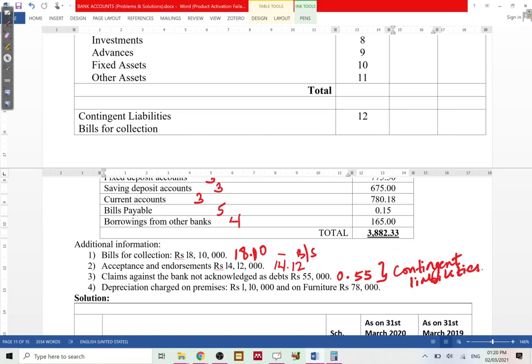So what's happening here is, there is somebody who has made a claim that they want to take that money from the bank, but as of now that liability has still not occurred. Maybe there is a dispute, maybe there is a court case going on related to whether that money should be paid or not.